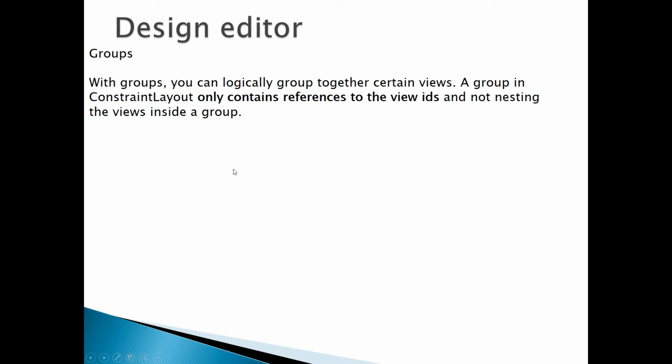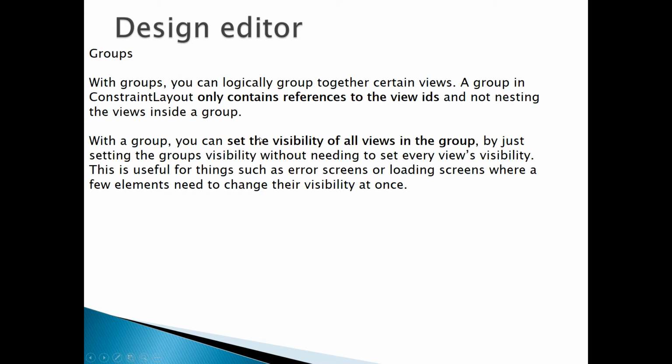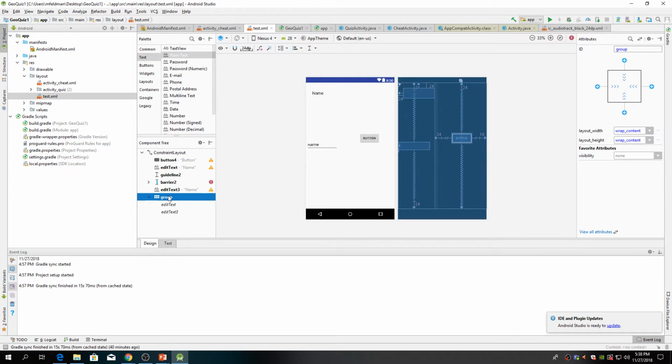All it is is a way of enabling and disabling. You can change the visibility of all views in a group just by setting the group's visibility, without needing to set every view's visibility. So in other words, I got a group here. I can give it a name, my group of 2 edits.